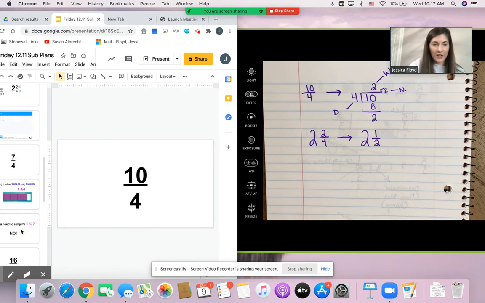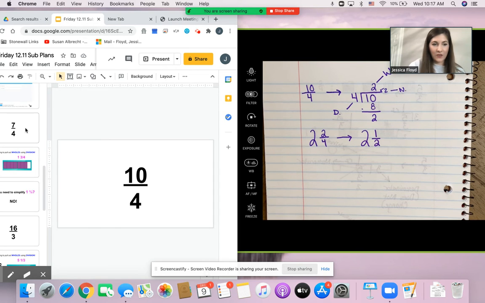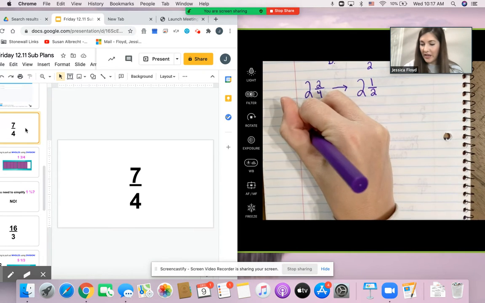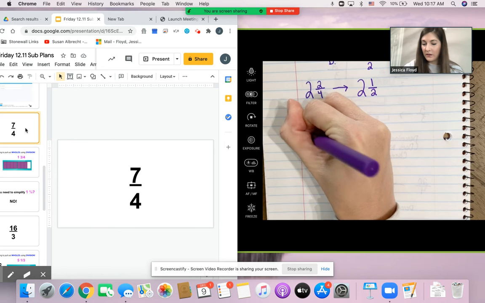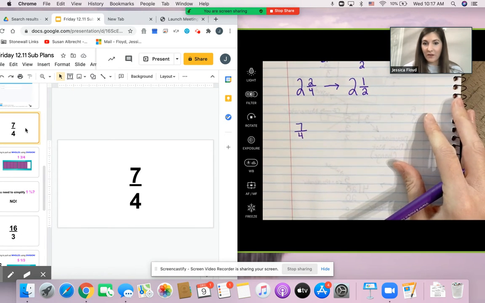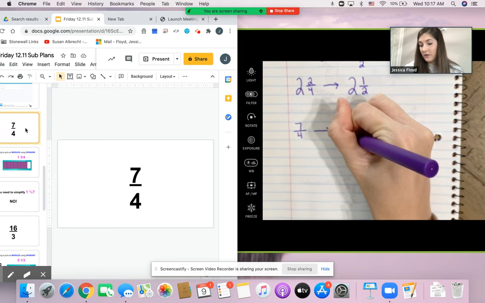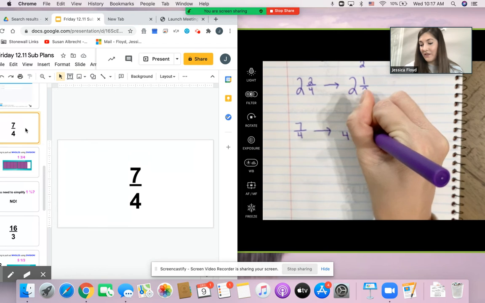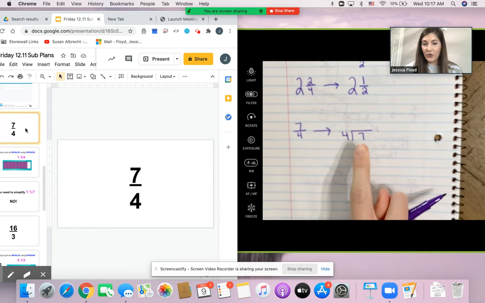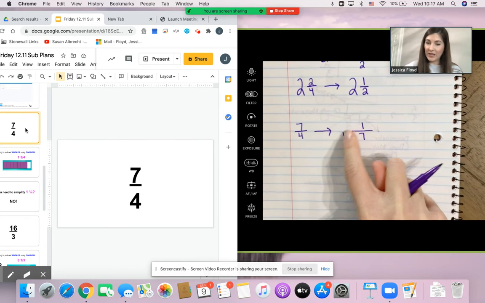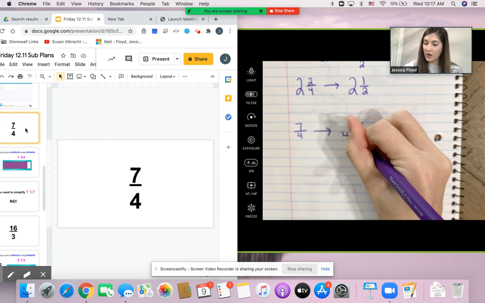Let's try another one. 7/4. We're going to do this the same way, my friends. We're going to use division to help us. I know that 4 goes into 7 one time. 1 times 4 is 4.